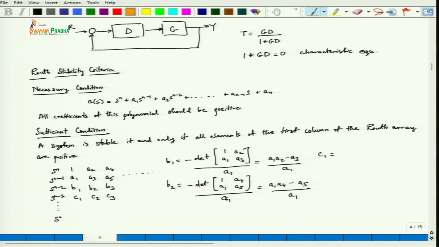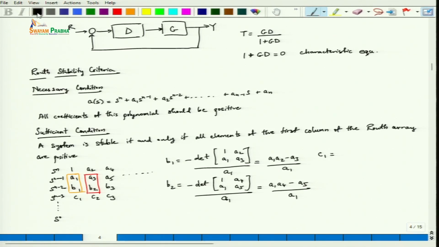For all of c1, c2, c3 and so on, we will consider this to be the first column of the corresponding matrix, and for c1 we will consider the second column here.